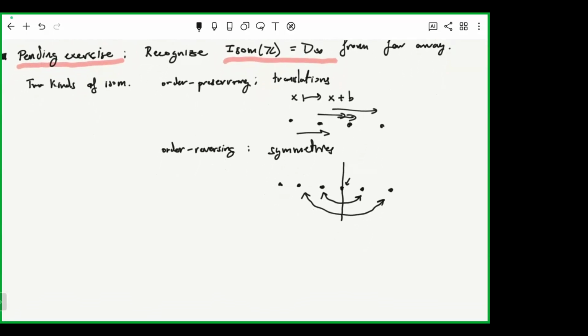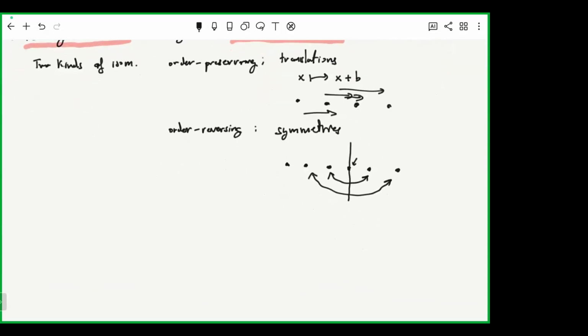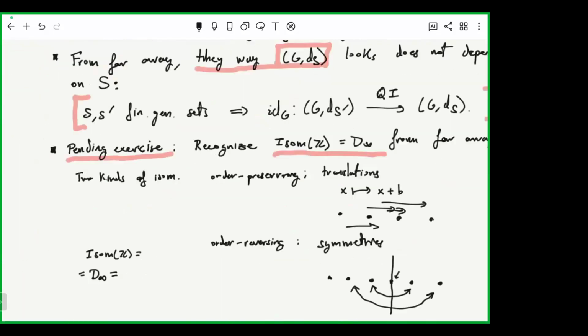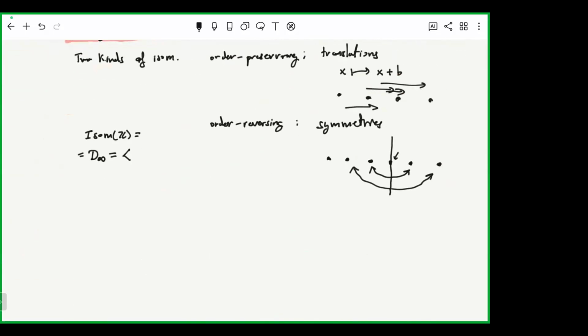So with this idea, you can consider the following set of generators. This group of isometries is also called the infinite dihedral group. You can imagine that it's a dihedral group, but with infinitely many sides. That's kind of the idea. It is generated by a translation of one unit and a symmetry.